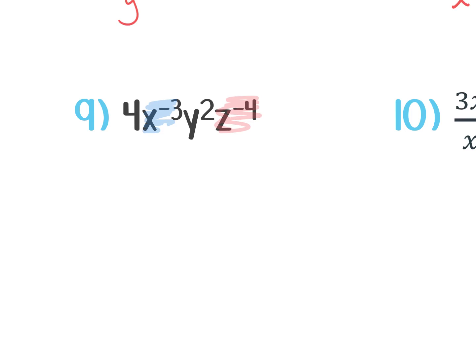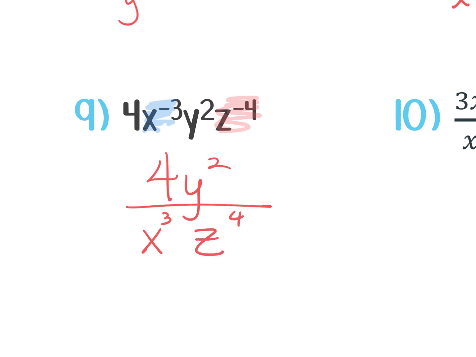Now, if that were a -4, it still would stay in the numerator. It doesn't have a negative power. So this becomes 4y squared, and then I'm moving the x to the 3rd to the denominator and the z to the 4th to the denominator.